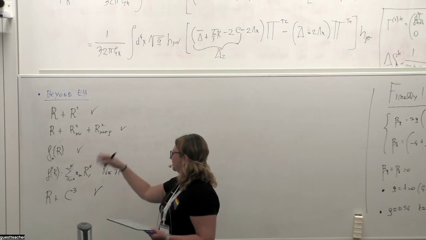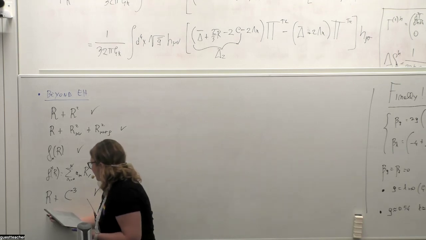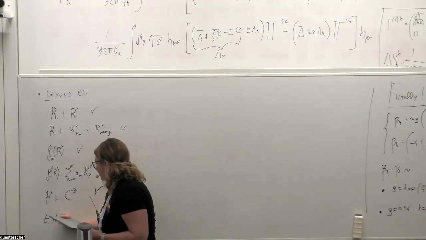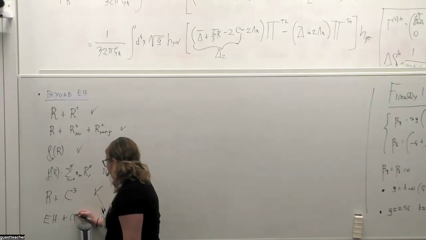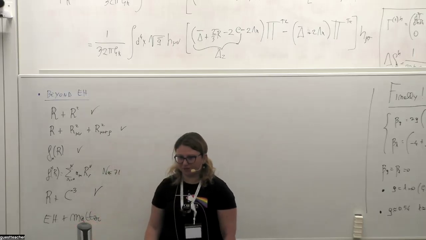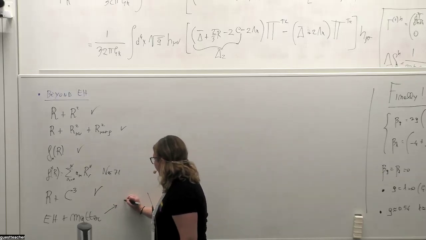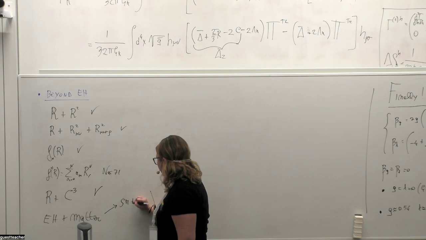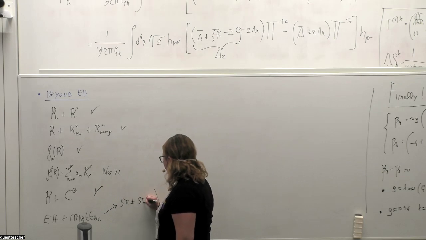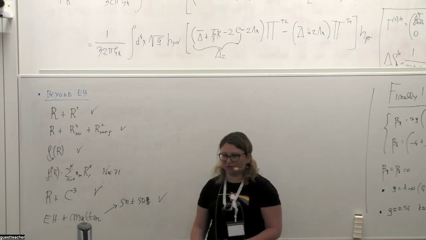And there are also variations of this. In particular, one thing that is important is that Einstein-Hilbert has also been tested together with matter. And one can see that if matter is something like the standard model, plus or minus a little bit of stuff, we still have the fixed point, which is good.